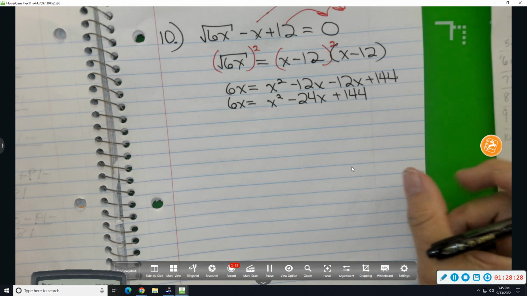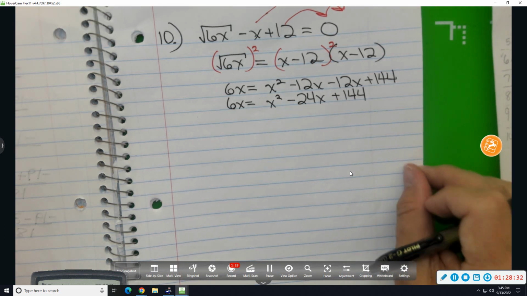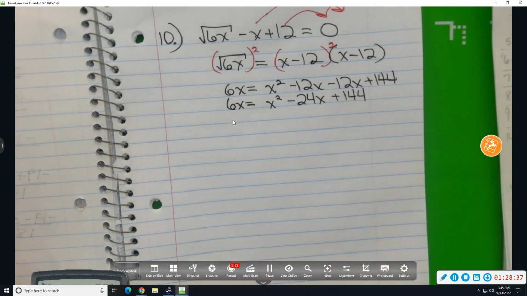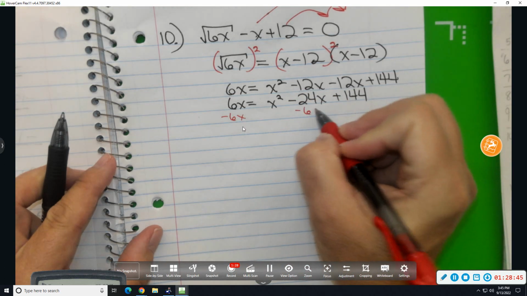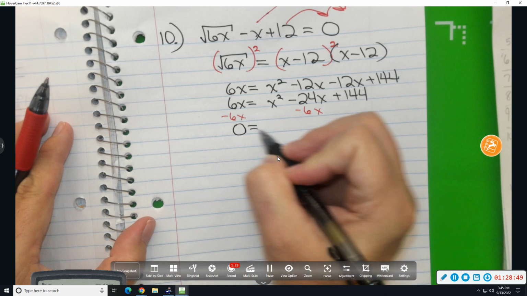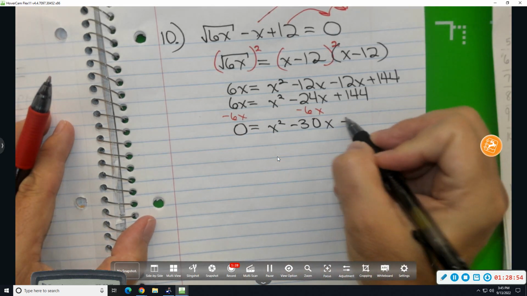It's quadratic, so you need it set equal to 0. So, where do you think I'm going to get the 0? On the left side or the right side? Left side, I agree. Subtract 6x. Let's get x squared minus 30x plus 144. Okay.